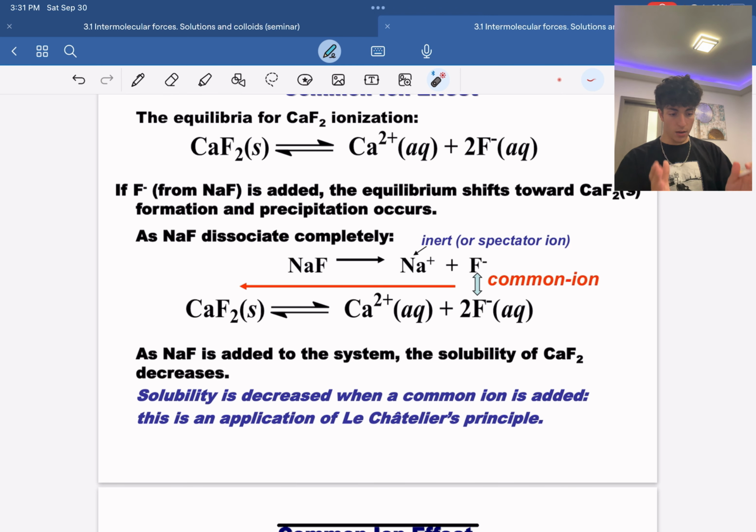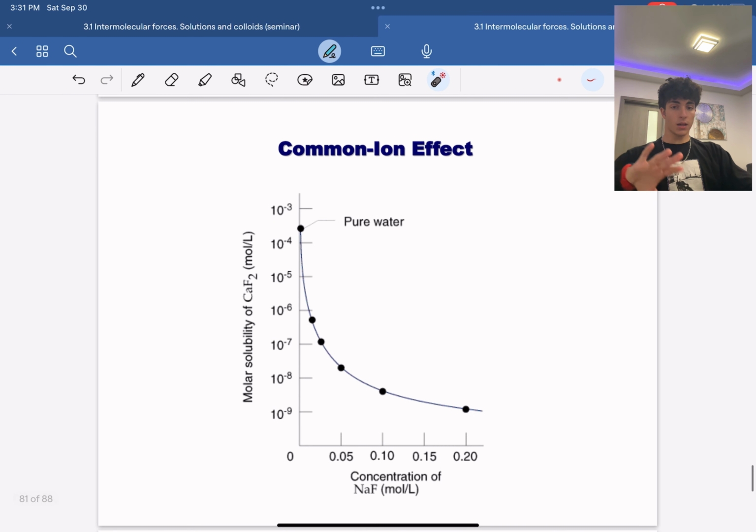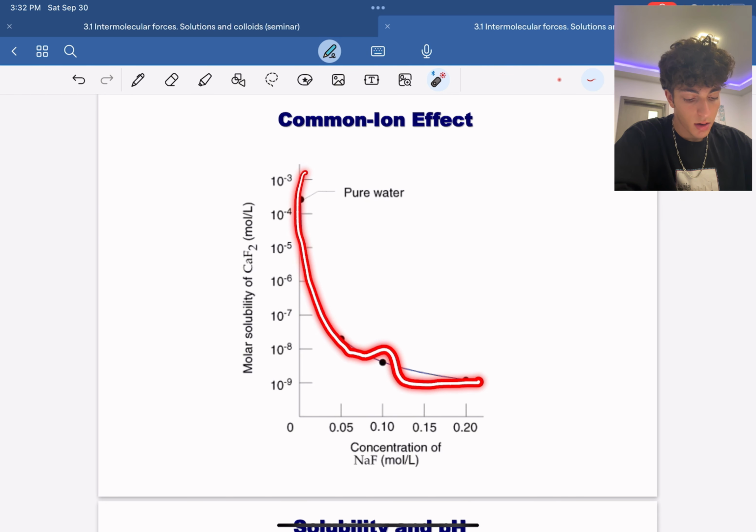If a common ion is there, you don't even need to do the calculation, the solubility decreases. I'll put a link for a YouTube video that you guys can go practice that I think is really helpful. This is just showing that as you add more and more of the common ion, the molar solubility decreases.